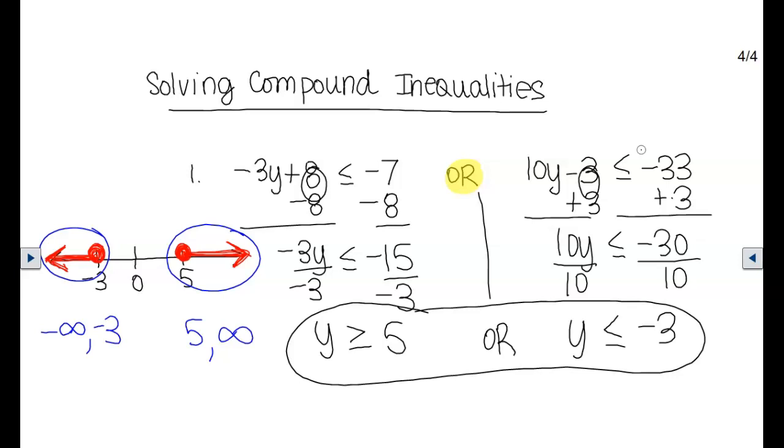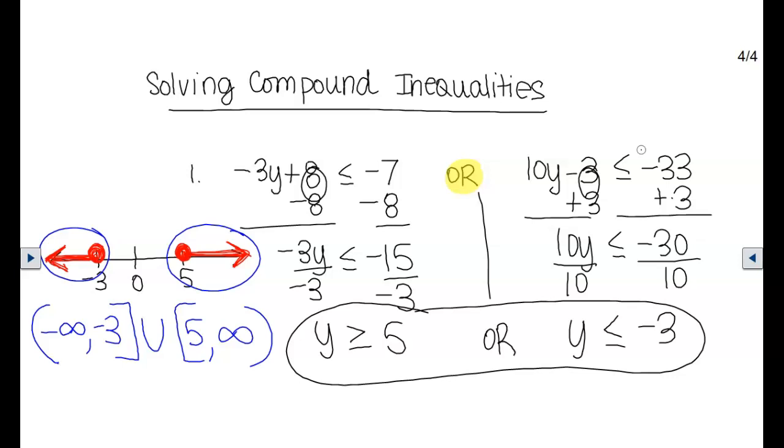Infinity always gets parentheses. Y can be negative 3, so that's going to be a bracket. Y can be positive 5, so that's going to be a bracket. And then infinity. Put your U in the middle because it's both of those things together. The union of those two intervals is our solution.